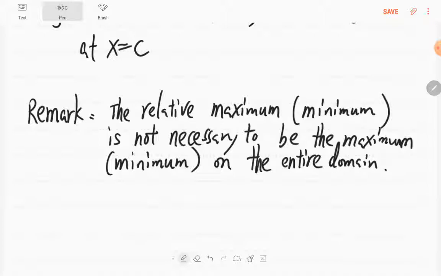Okay? Relative means the local things nearby. We don't care about other things.